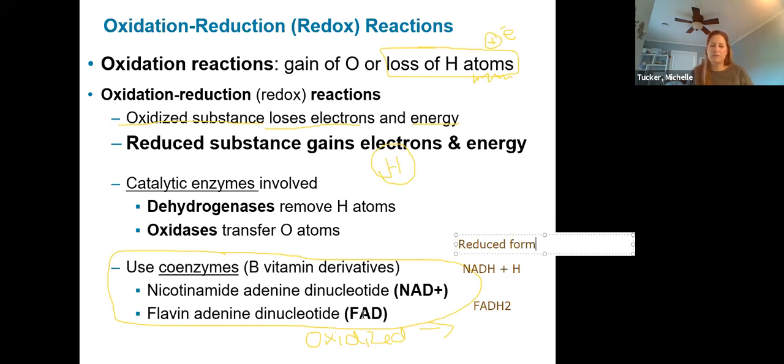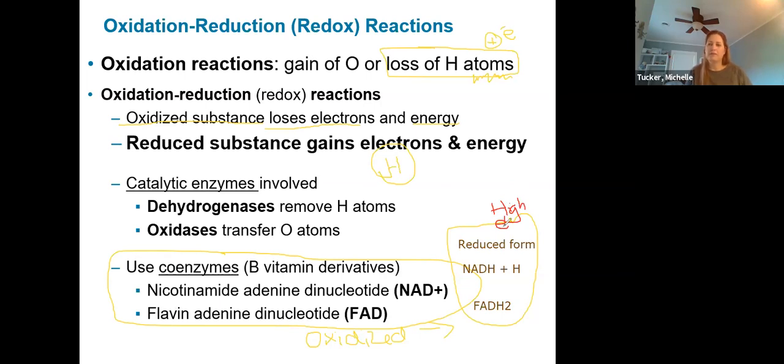You do need to be able to identify the oxidized form, which is NAD plus or FAD, as well as the reduced form. Reduction means that they have gained hydrogens, they have gained energy. So these 2 forms are your high energy forms.